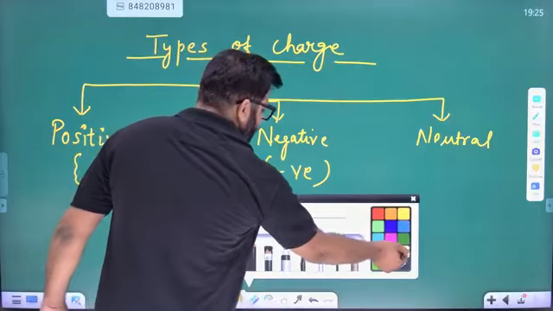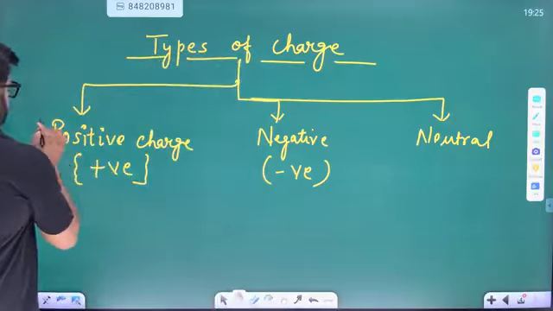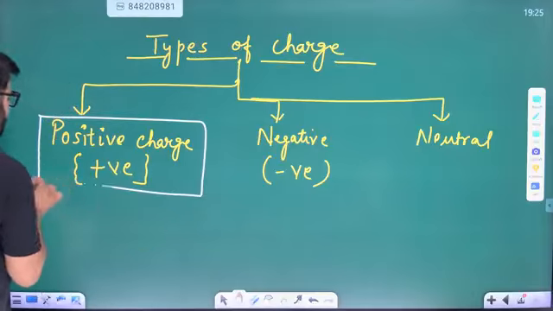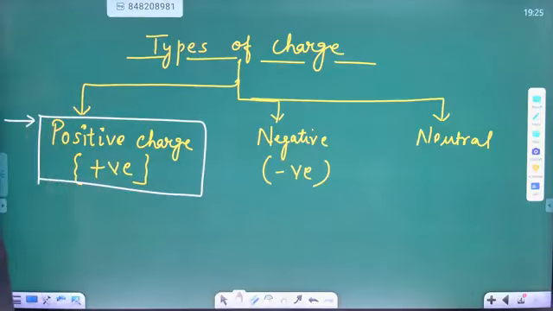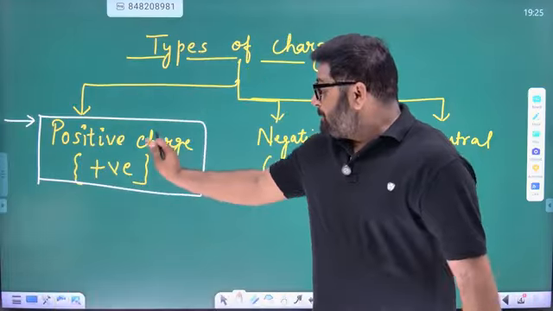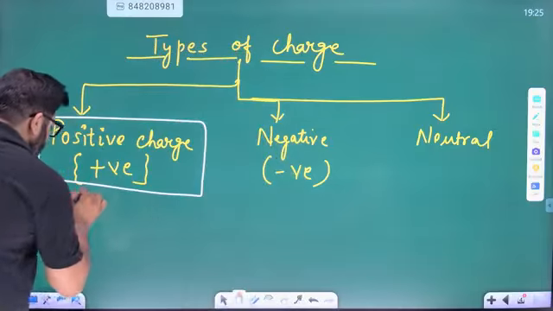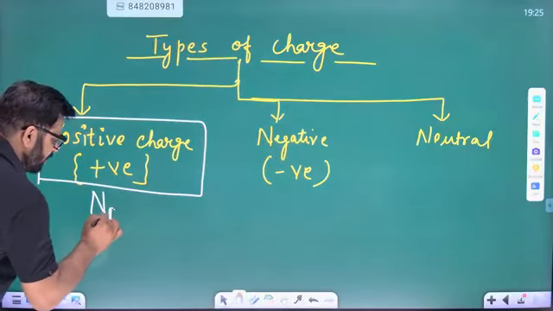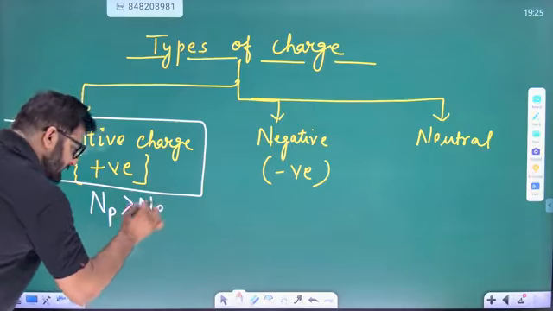So what is positive charge? Tell me. Positive charge means, very simple, you will say sir, the number of protons is greater than the number of electrons, and that is true.